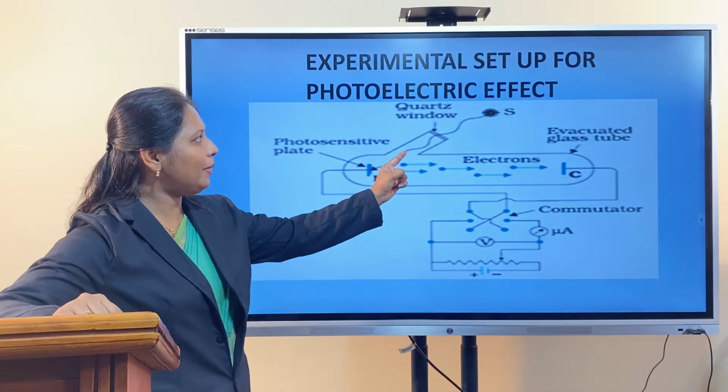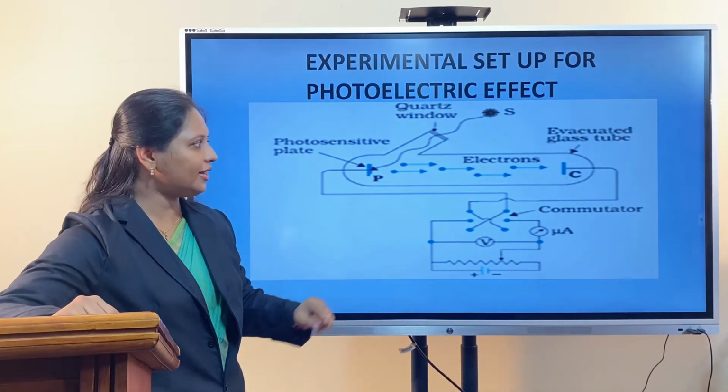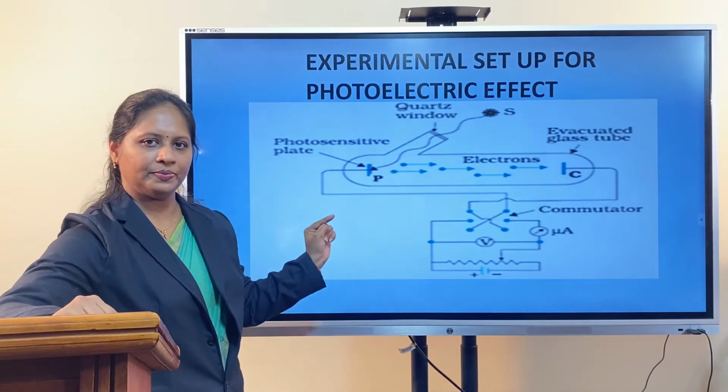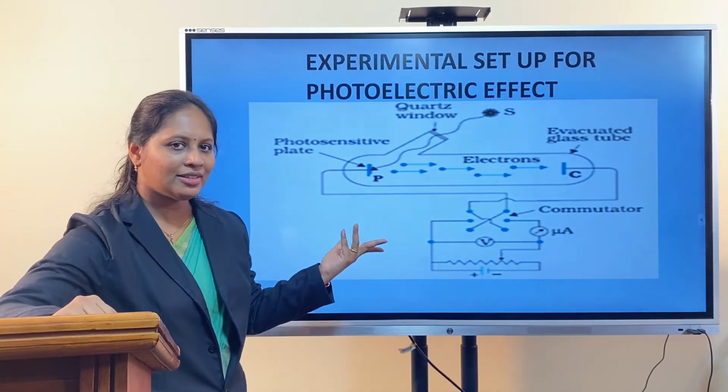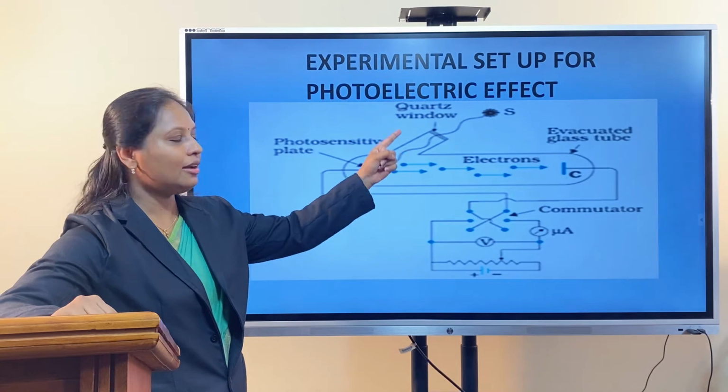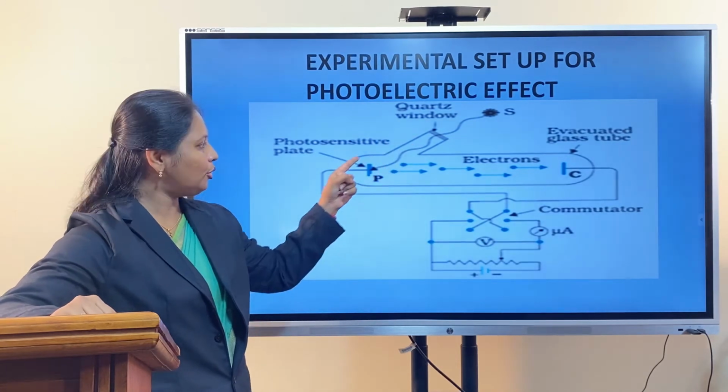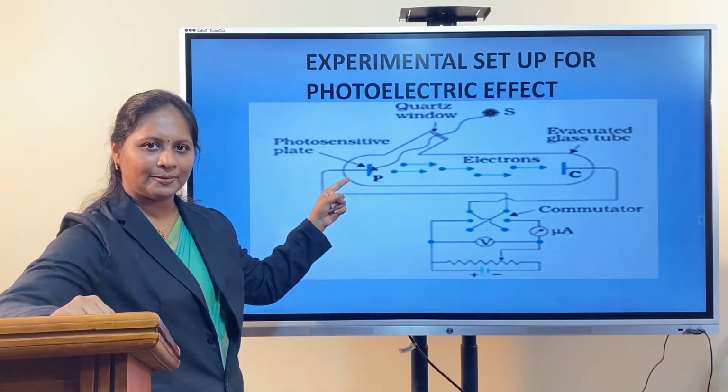There is a transparent quartz window on the side of the glass tube. What could be the purpose of that? It allows ultraviolet radiations to fall on the emitter plate.